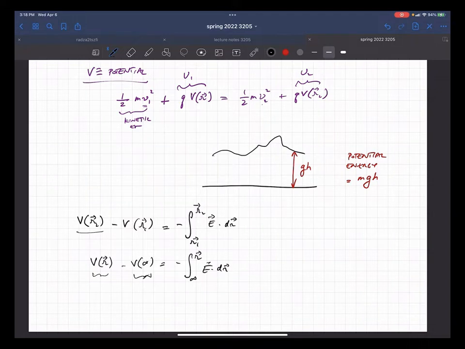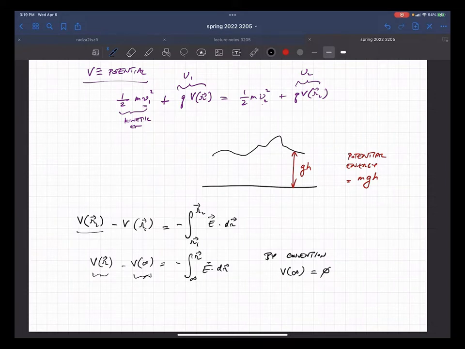So by convention, we're going to say that V at infinity is 0. Because really what we care about is always a potential difference. We could have made V at infinity a constant value, and then called the potential at any other point the potential at that point minus that constant.